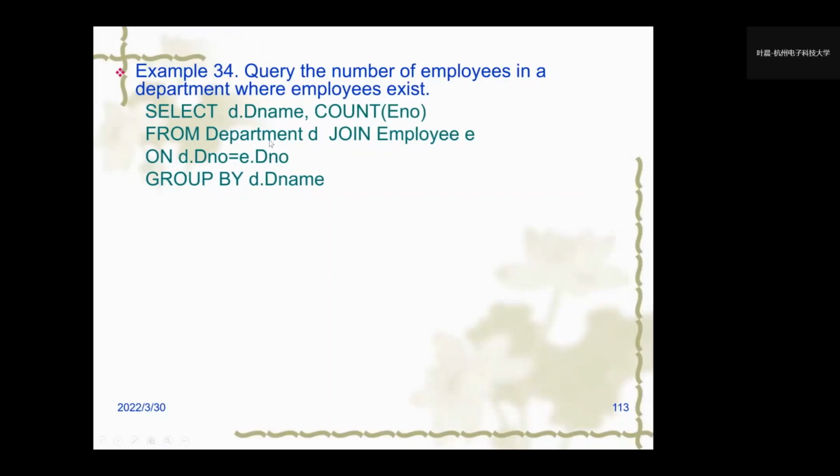And then you need to use the equal join, also the inner join, to connect the department D and the employee together. And then you can select the dname and count the number of employees, that is, the number of different eno in different groups.